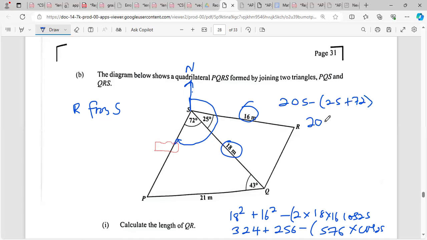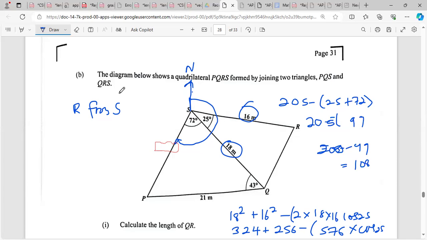Add that to get 97. Then subtract: 205 minus 97 equals 108.